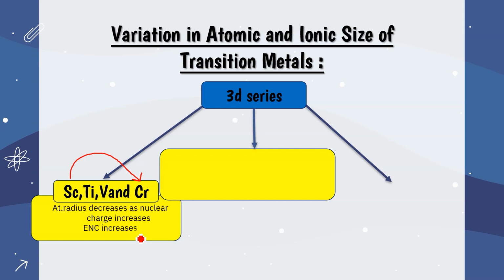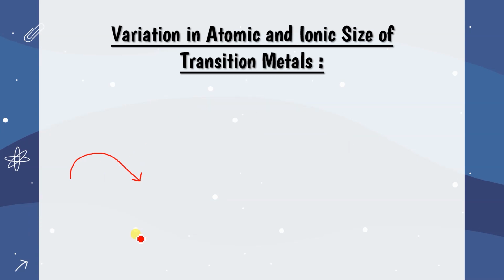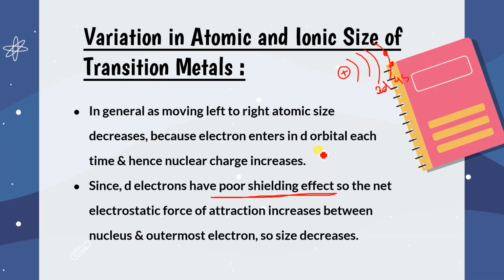There are two factors I'm going to tell you, listen. In the previous slide there are two factors. One is the nuclear charge, the effective nuclear charge. The other is the screening effect or shielding effect, which is applied by this 3d series.